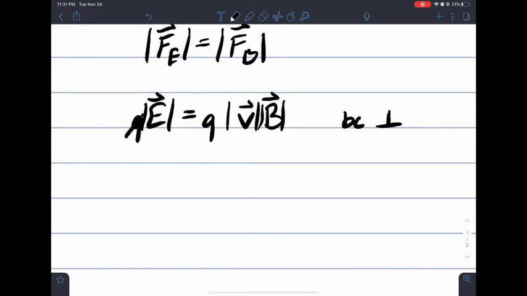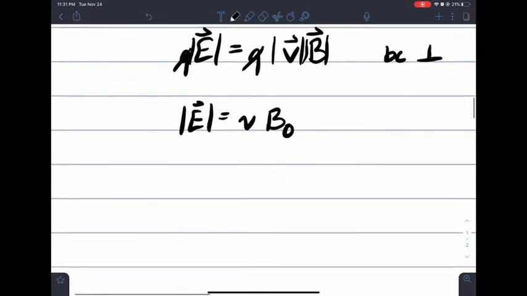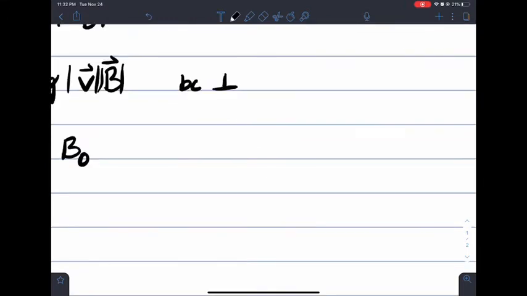Simplifying, you can cancel out the charge, as it does not matter in solving for this equation, and you get that the magnitude of the electric field is equal to the speed times the magnetic field. So from here, you can replace the electric field given that the voltage of the capacitor is equal to the magnitude of the electric field times the separation between the two plates.